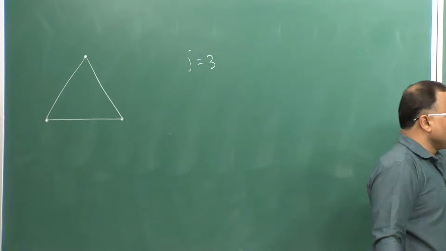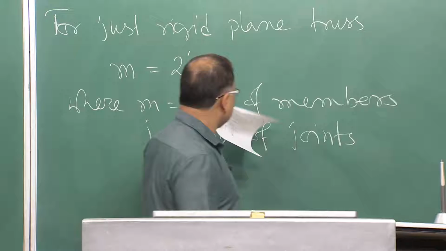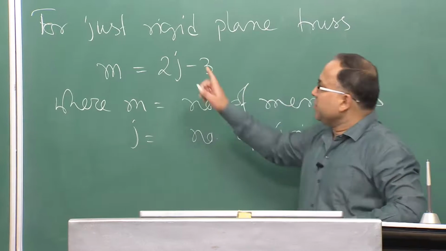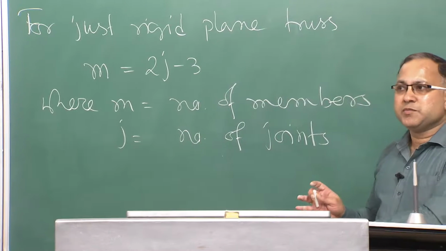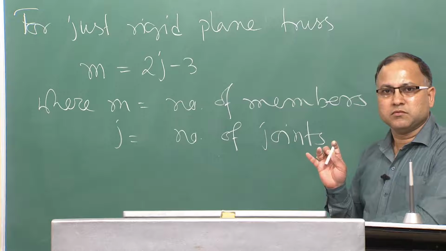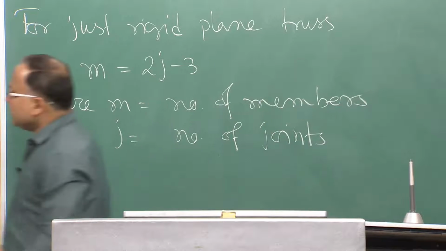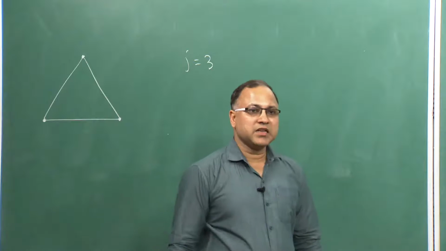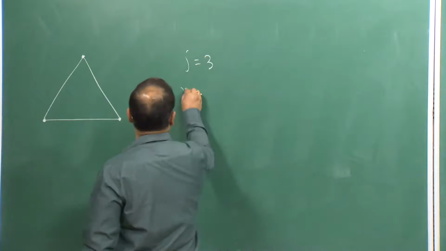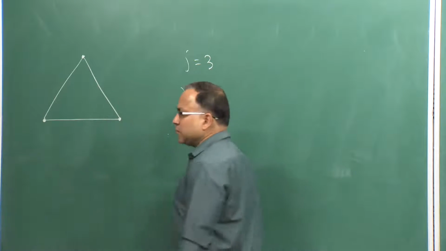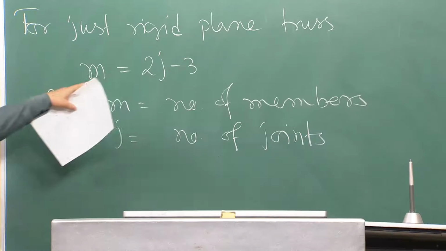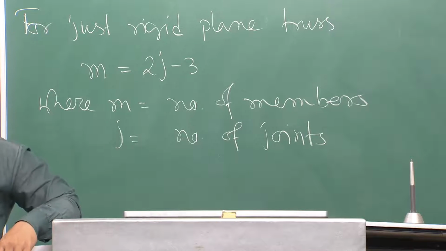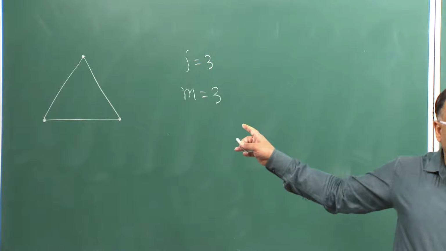So, from this equation, number of members must be 3, right. In this triangular truss, your m is also 3. So, it is satisfying this equation, therefore, we can say this is the just rigid structure.